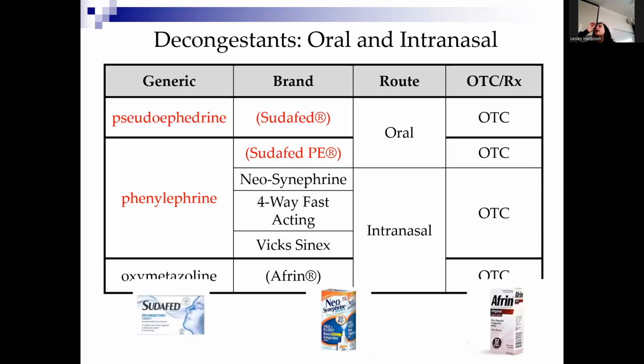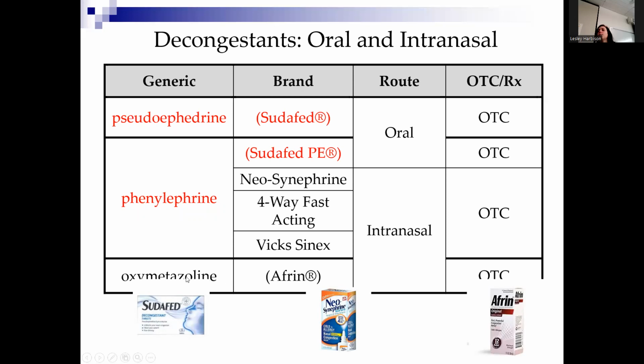So some decongestants that are common to us is Sudafed. We have these over the counter, pretty much all of this medication here. Afrin is another type of intranasal decongestant. There are all different brands, but I probably should have made this one red as well.